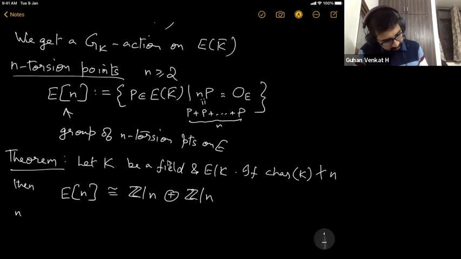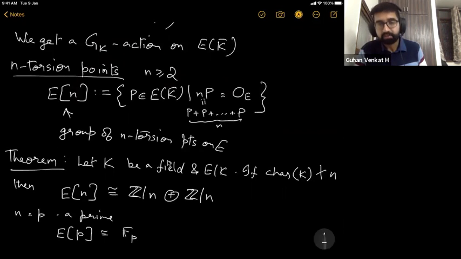In particular, if I choose n to be a prime p, then the set of p-torsion points is a 2-dimensional vector space over F_p.